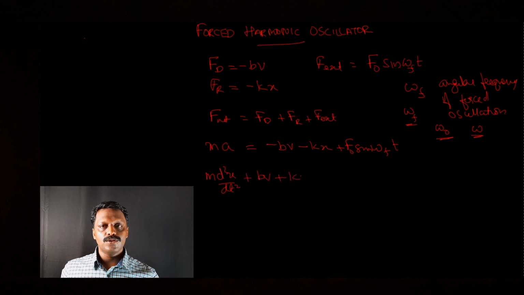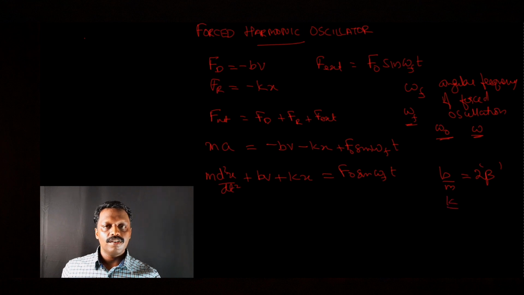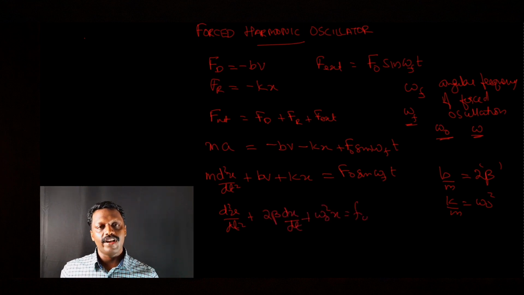Since b/m is 2β and k/m is ω0², we will be replacing F0 with small f0 by m, so that on dividing the previous equation throughout by m, we have d²x/dt² plus 2β dx/dt plus ω0² x is equal to small f0 sin ωf t.